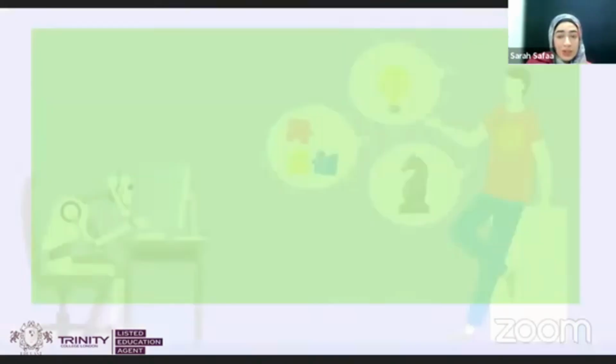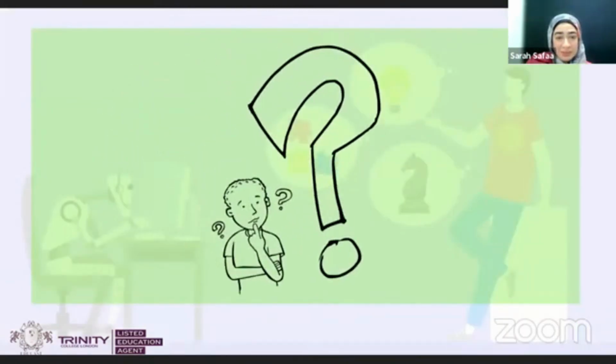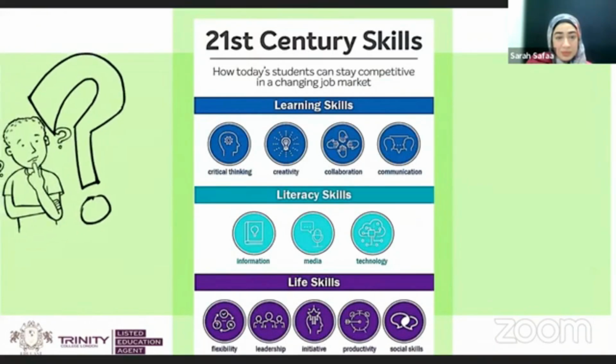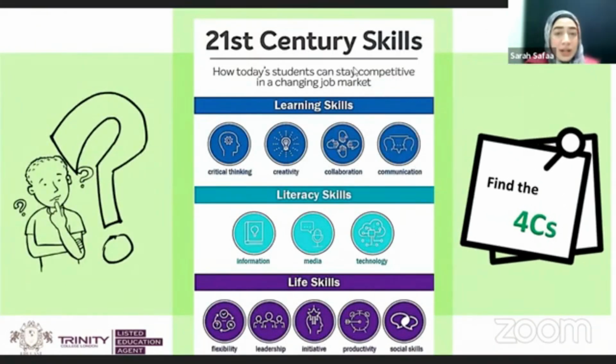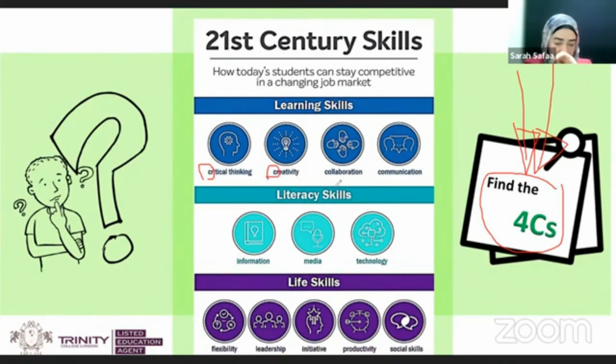Think, and I'm going to share with you right away. Or let's find them together. They are called the 4 C's, and those are the 4 skills that I focus on when it comes to teaching business English. So let's find out together the 4 C's: critical thinking, creativity, pardon me, collaboration, communication, which are the learning skills.